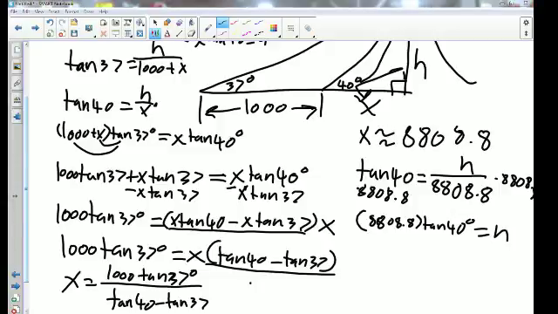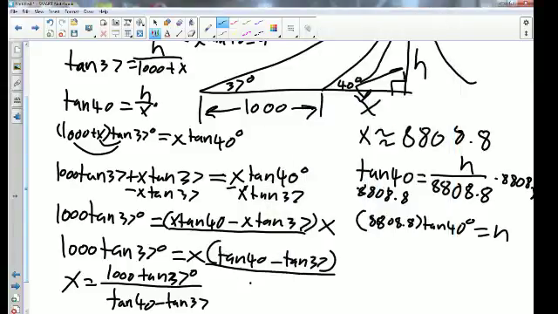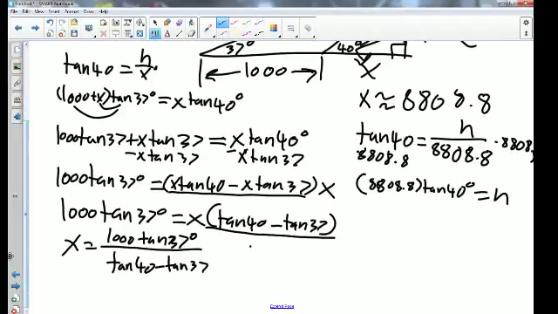Now that it's in that form, you go back to your calculator and plug it in. It's 8,808.8 times tangent of 40, and that should give you about 7,391. So now h equals 7,391.